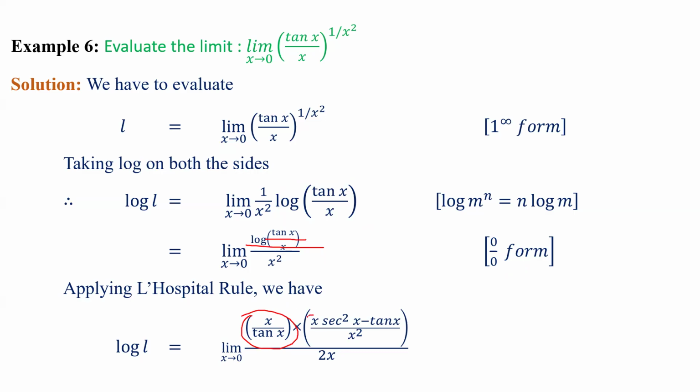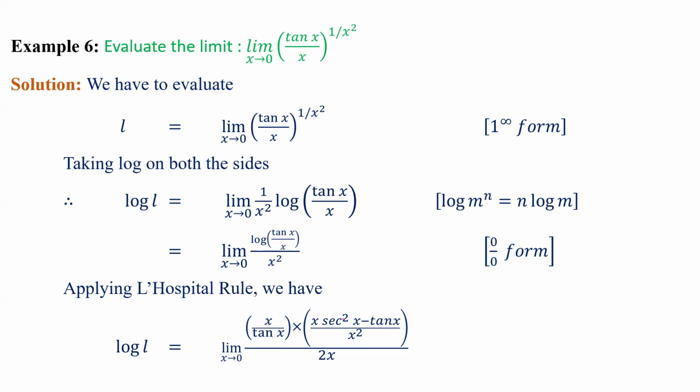It is denominator times derivative of numerator, the derivative of tan x is sec² x, minus derivative of denominator, the derivative of x is 1, into numerator, which is tan x, the whole divided by denominator squared, x². And the derivative of x² is nothing but 2x.